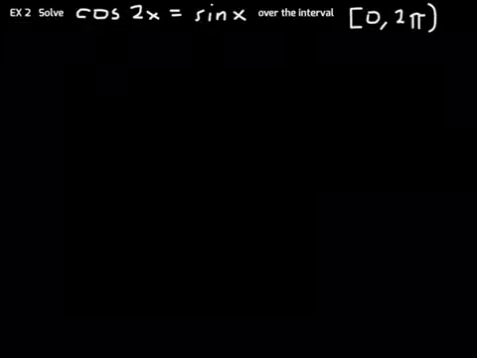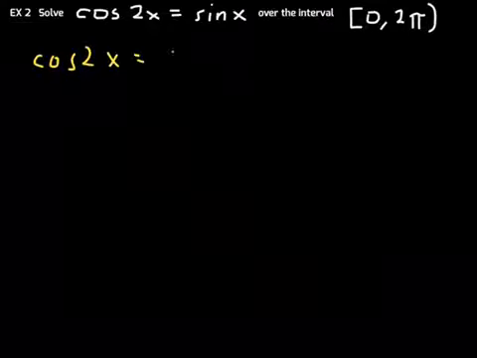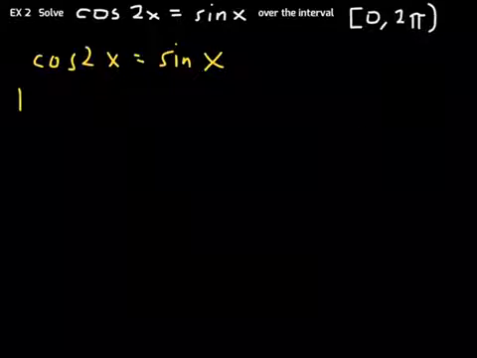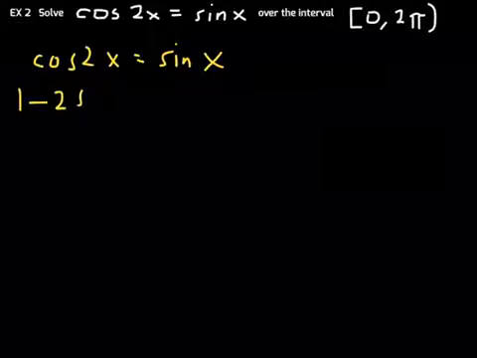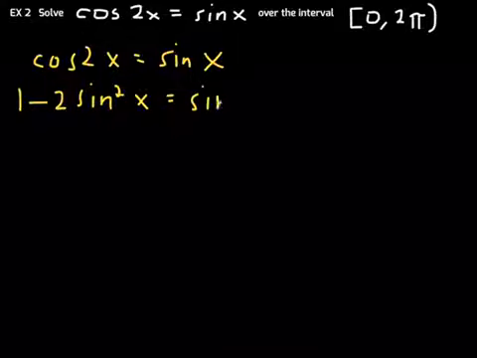So let me remind you, this is the original equation. Cosine of 2x is the same thing as 1 minus 2 times sine squared of x. That's what that left-hand side is equal to using a double angle identity.